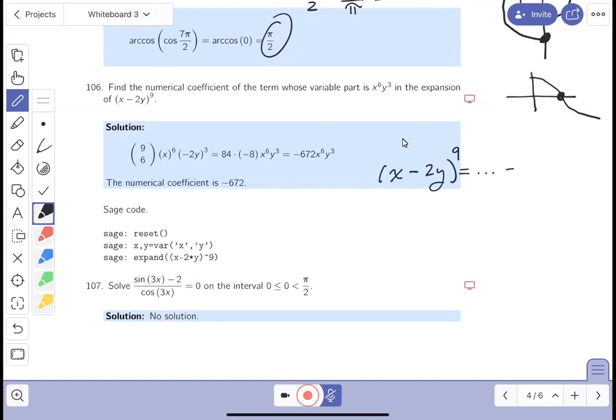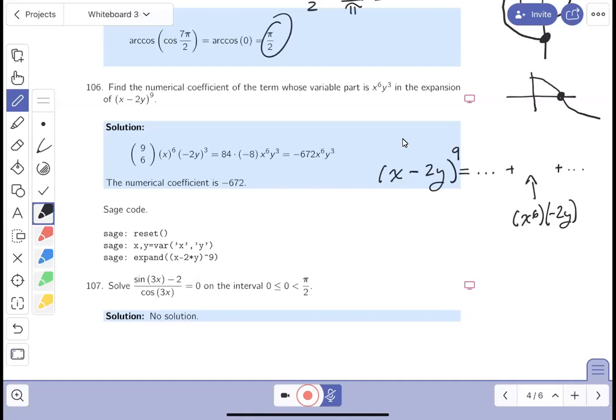I know there's a term over here that has something here. And what does it have in it? Well, it would have x to the 6. Let me write this over here. And it would have minus 2y. Well, let's see. I'm going to put the 6 on the outside because it really belongs there.